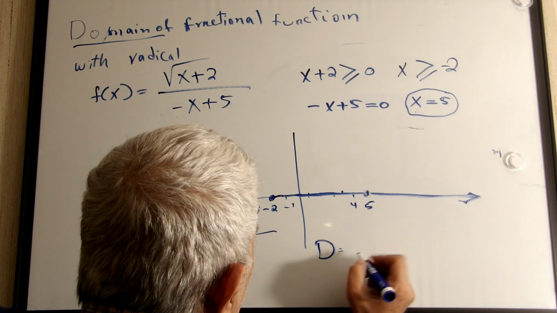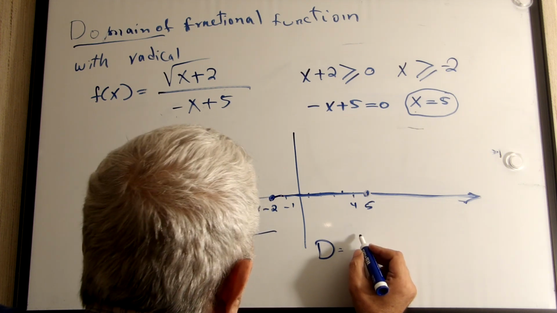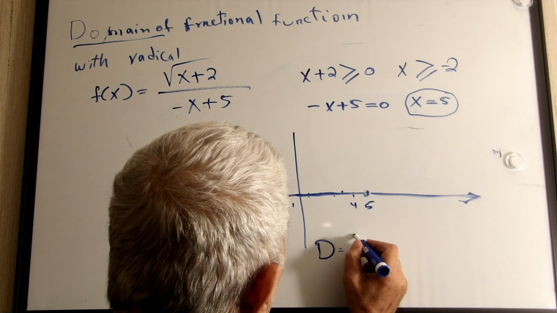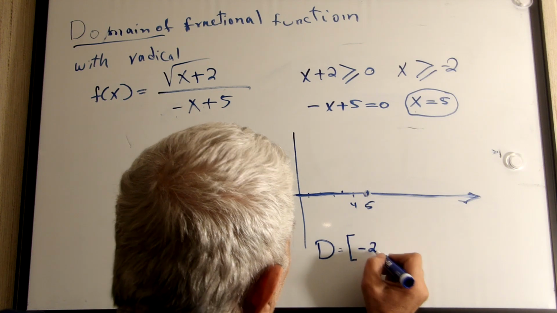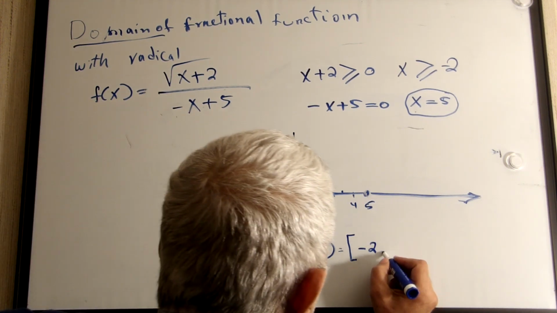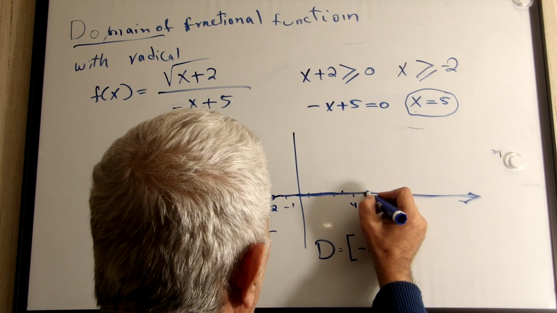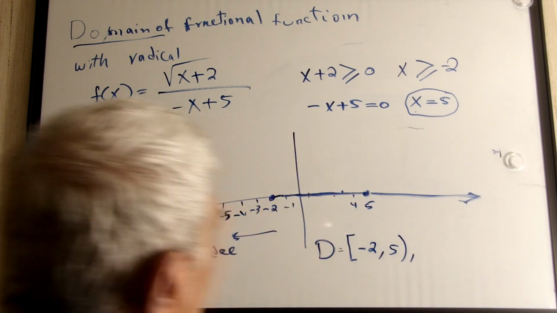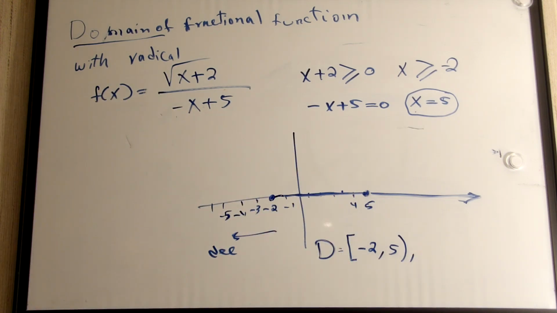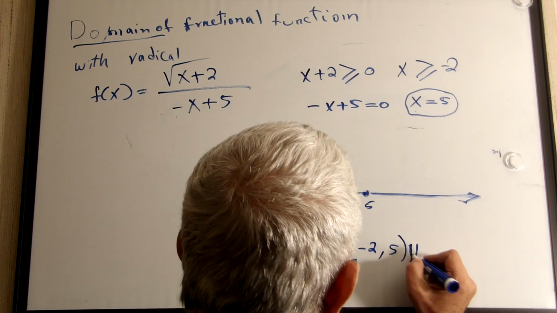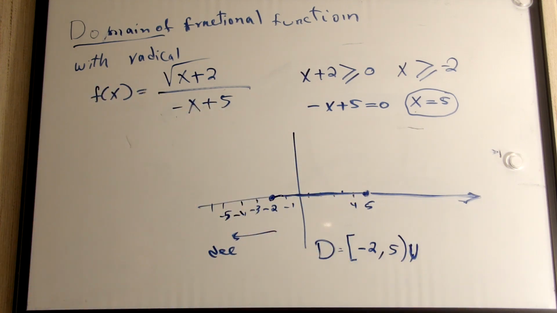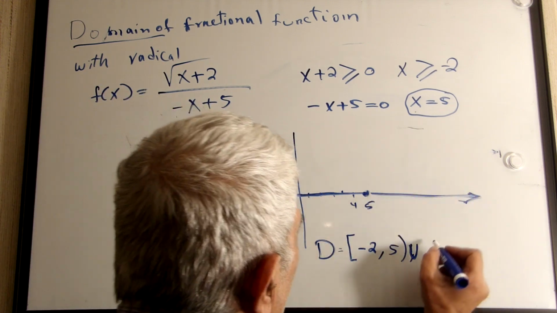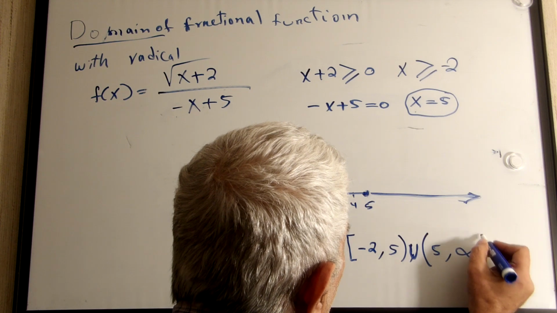The domain is from minus 2 to 5, not including 5, and then we have the union of this, from 5 to infinity, because 5 is not included.